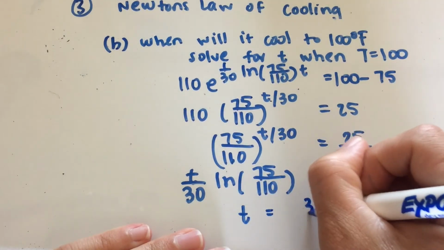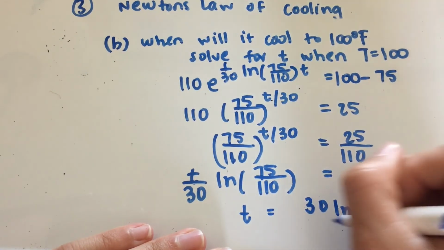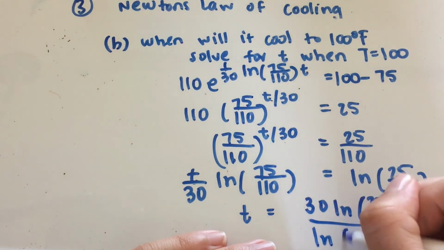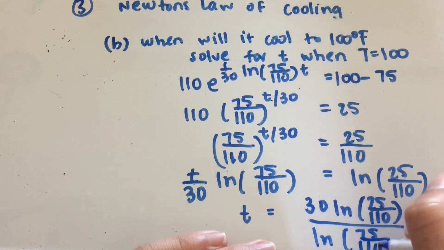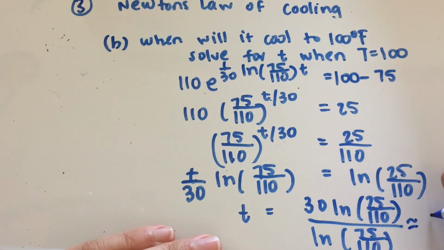So I get 30 times ln 25 over 110 divided by ln 75 over 110. And so our t is approximately 116 minutes.